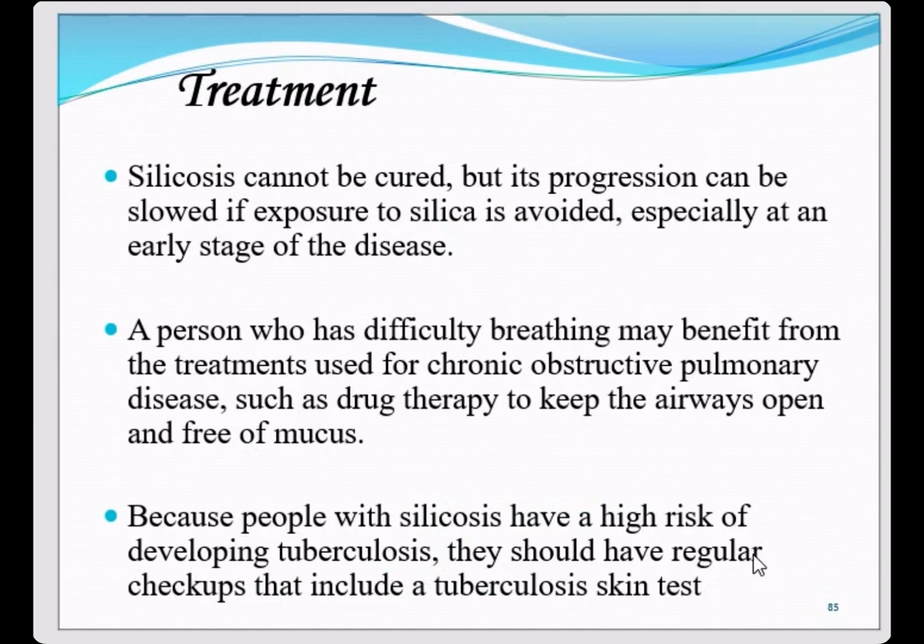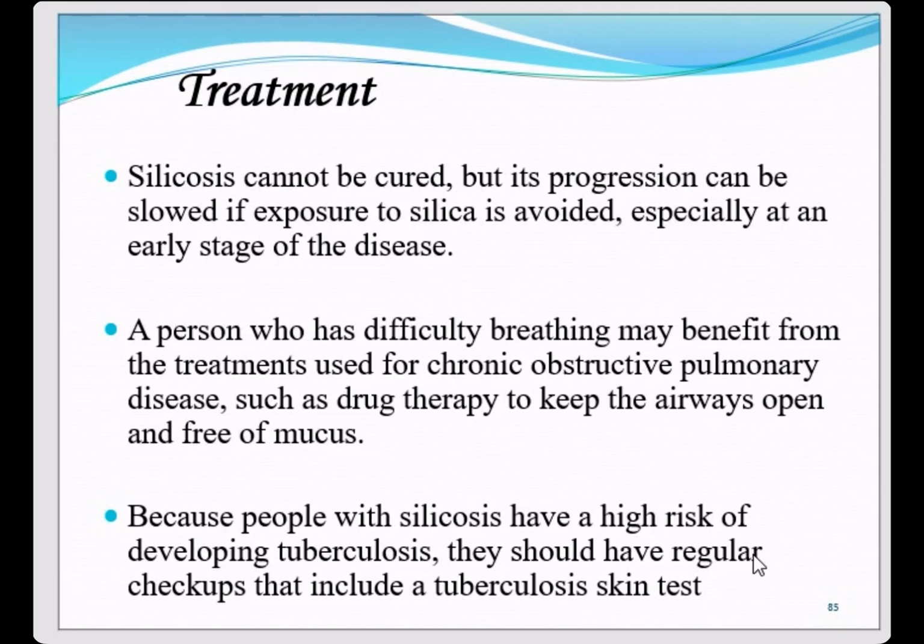Silicosis cannot be cured, and it is progressive. The progression can be slow if the patient avoids exposure to silica. A patient with difficult breathing may benefit from the treatments used for chronic obstructive pulmonary disease.